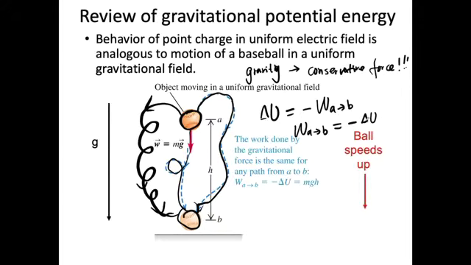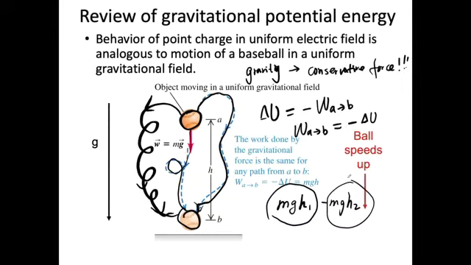And for gravitational force, the work done is always mgh1 subtract mgh2, so you can define this one as the initial potential energy, this one as the final potential energy.